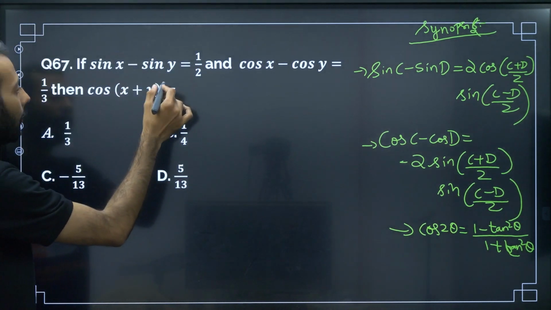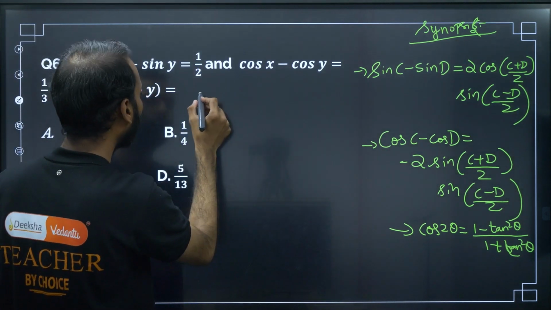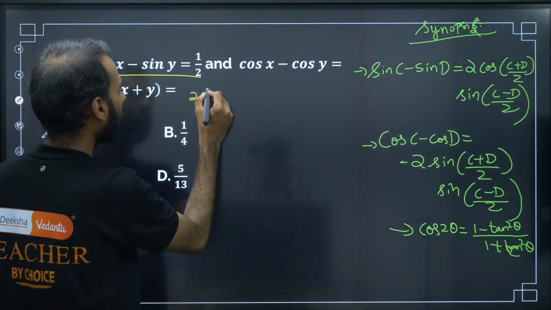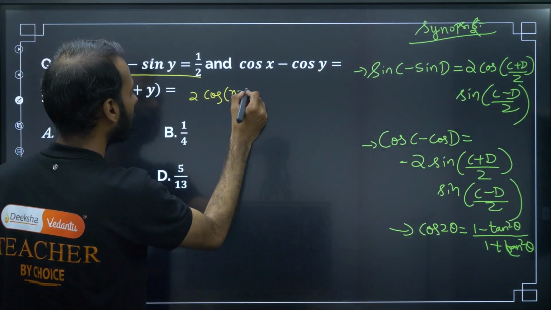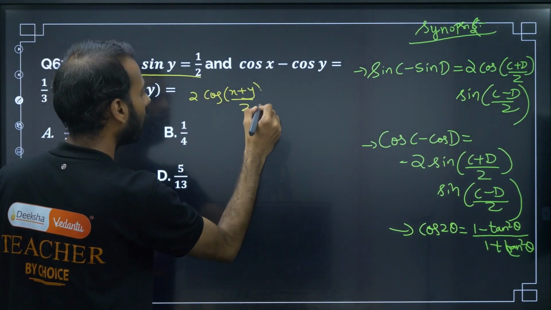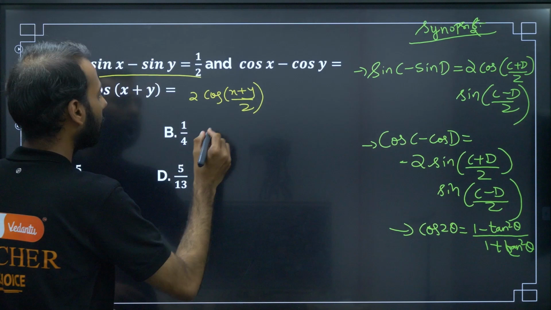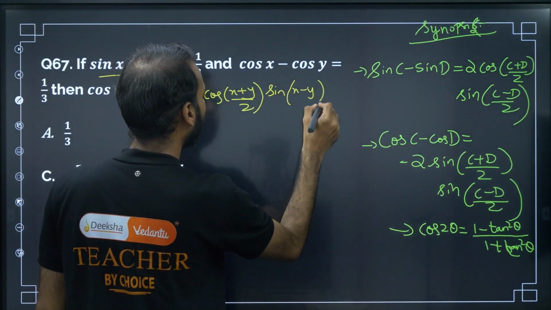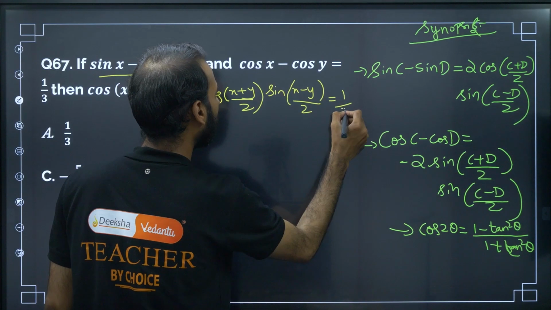Now, sin x minus sin y. I will use that first formula. This becomes 2 cos of x plus y by 2, and then sin of x minus y by 2, is equal to 1 by 2.